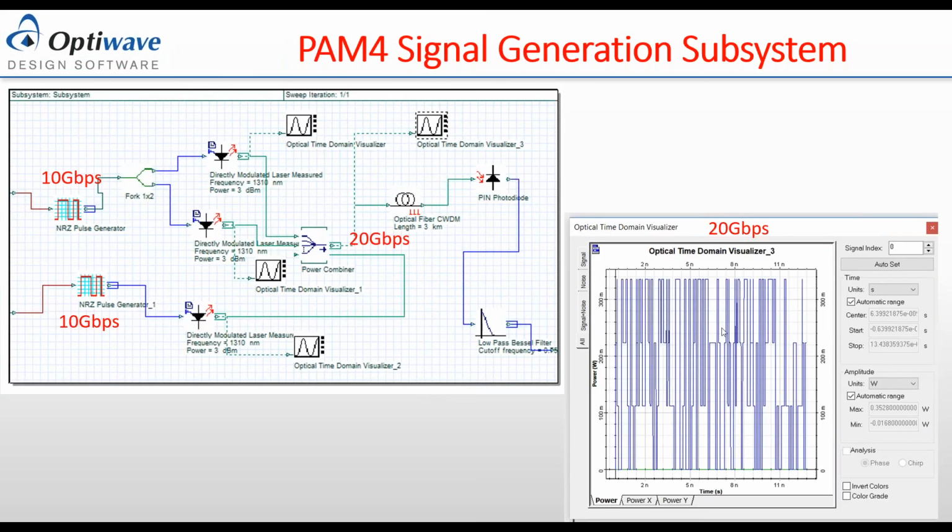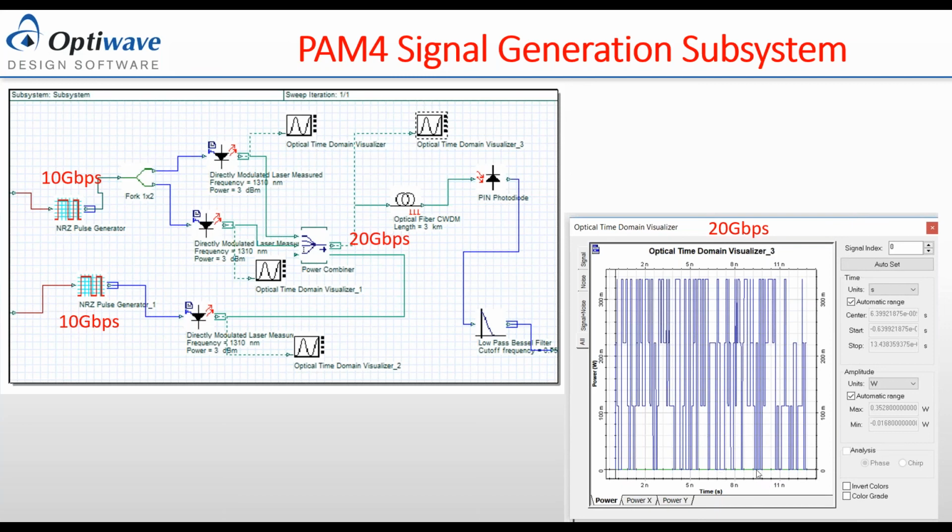With this kind of signal here, if you wanted to look at, for example, the pulses, we have a component which is called optical time domain visualizer. You can place it wherever there is an optical signal, and you can look at the signal levels. Here we have the different levels of the PAM4 at 20 gigabit per second.